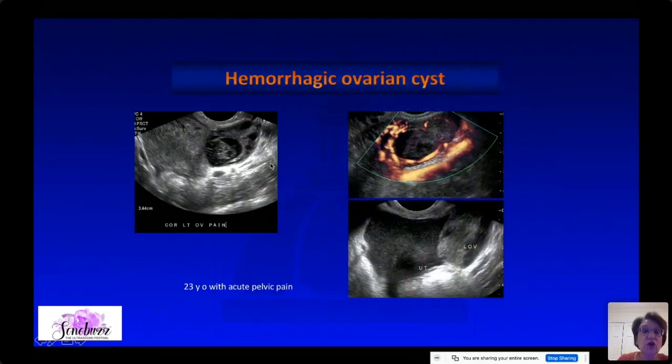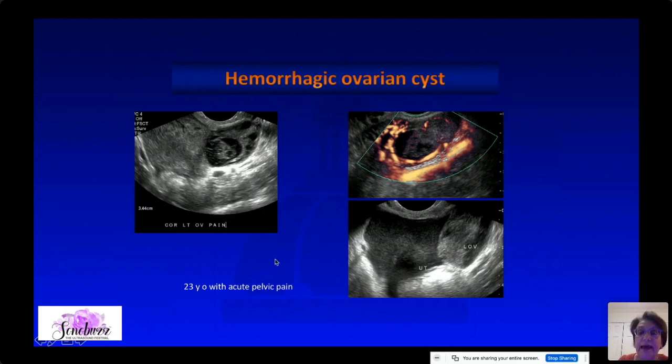So the most common cause of acute pelvic pain is actually a ruptured hemorrhagic cyst, but that doesn't cause hemoperitoneum, just a little bit of blood in the pelvis. As you can see here, this is echogenic fluid next to the ovary, again in a patient with a negative pregnancy test. These patients present with acute pain because of the peritoneal irritation caused by blood.